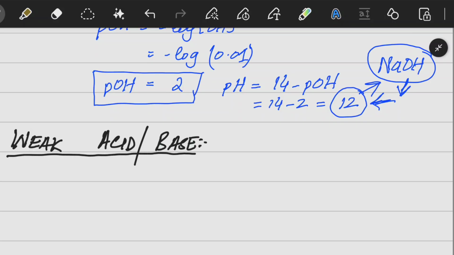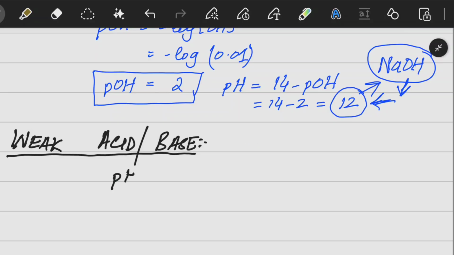The difference between a weak acid or base and a strong acid or base is the capability of that acid or base to dissociate their ions, hydrogen ions in case of acids and hydroxide ions in case of bases. So strong acids dissociate pretty easily, weak acids don't.